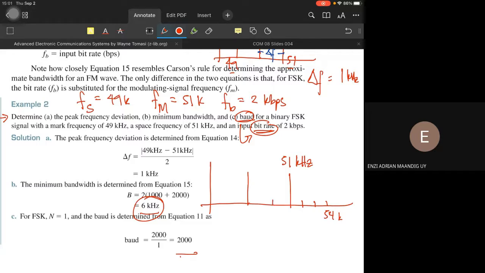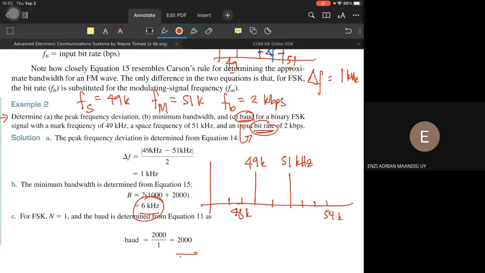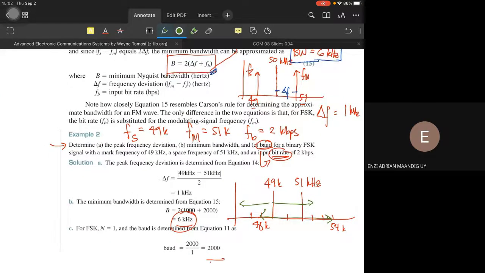Or 1, 2, 3 going to the space, which is 49. So the bandwidths were wrong. 50, 50, 49, 48. So this is the bandwidth of the space frequency. The mark is 1, 2, 3. 1, 2, 3. Correct. Anyway, so that's it, the bandwidth is 6K.